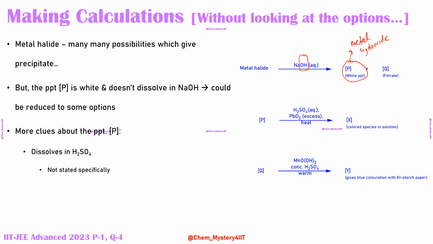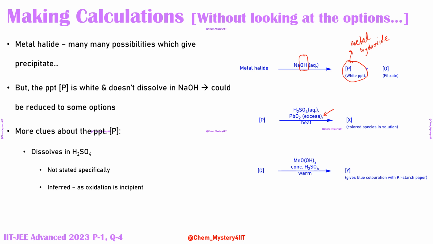Another possible reason could be that lead dioxide, PbO2, which we are using over here, would require some acidic medium where it can easily react. And the information given was supposed to be interpreted in a way that the hydroxide precipitate is dissolving in sulfuric acid and that it is being oxidized.